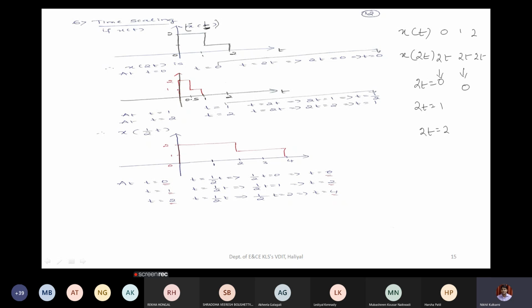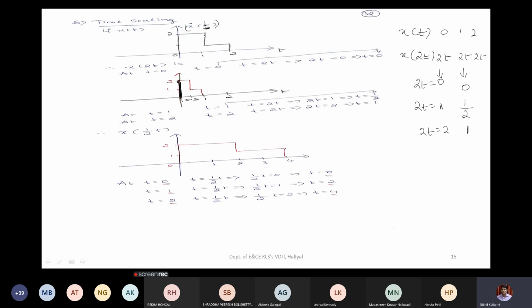And x of t, which was at 1, for 2t will change to 1 by 2, right? And this will be shifted to 1. So this is time scaling, which will compress the signal. At 0, what we had was 2, so it will be 2, no need to change it.